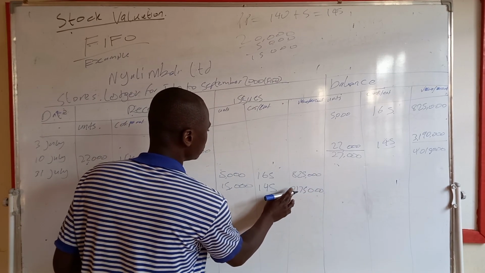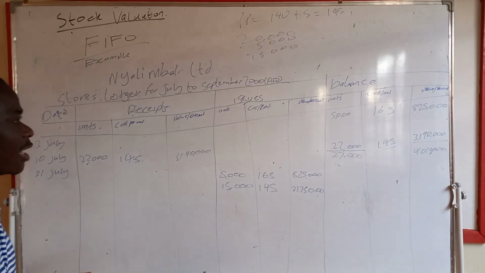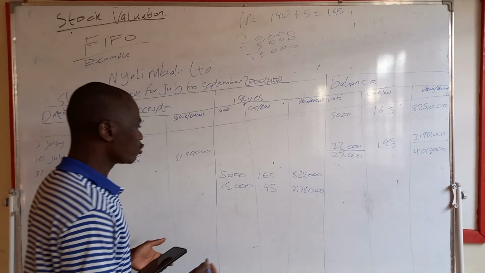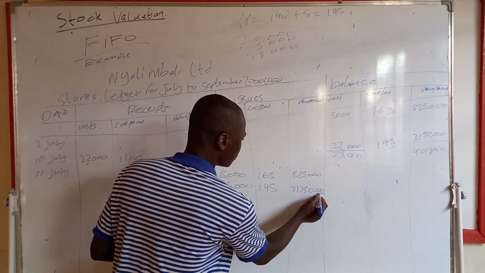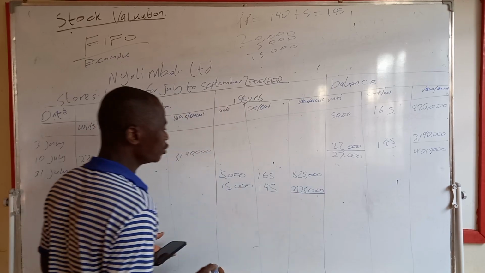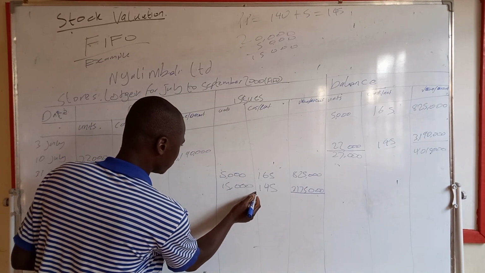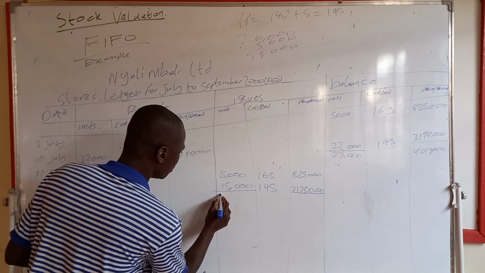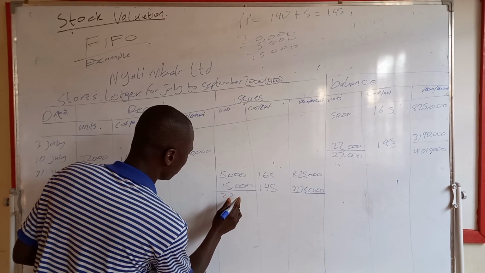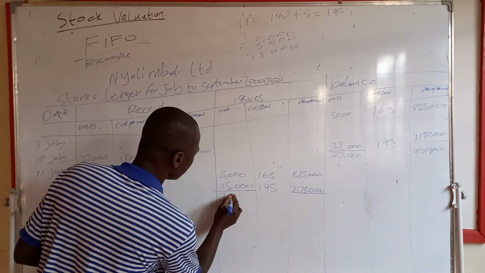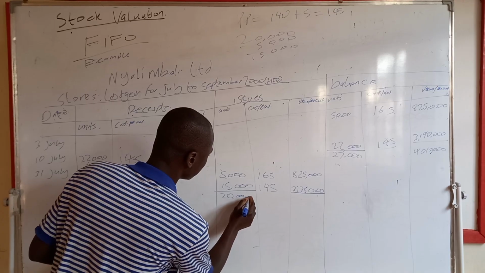So the total cost of what you have issued, or the value of what you have issued, you can easily find. Here you have issued how many? No, 20. This is 20,000.